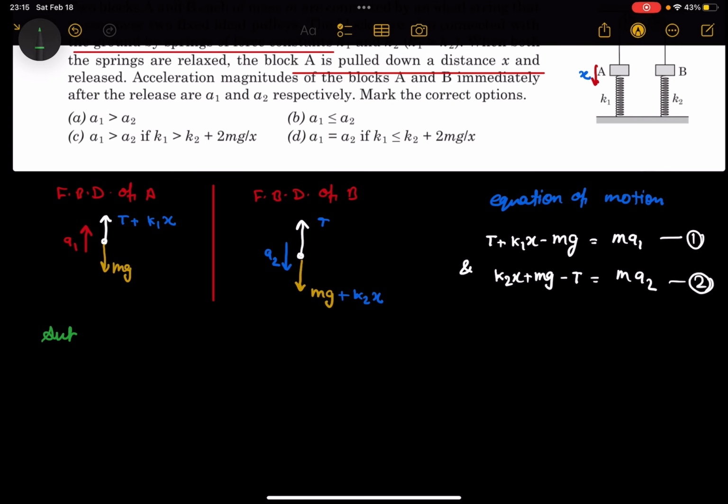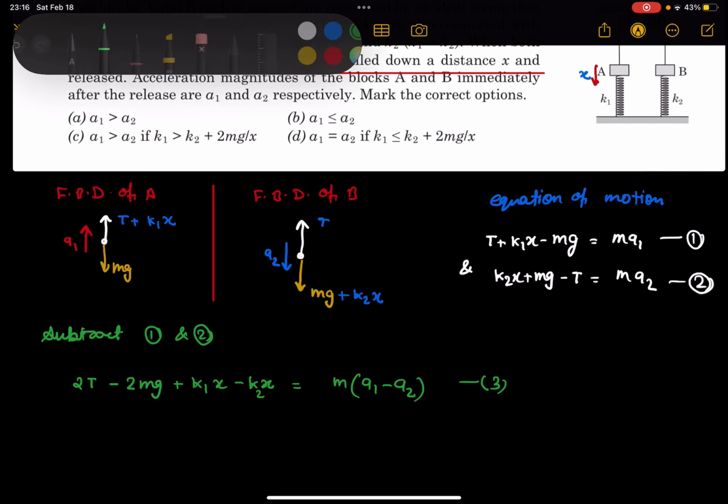Subtracting equation 1 and 2, we get 2T minus 2mg plus K1x minus K2x equals m times (a1 minus a2). This is equation number 3.